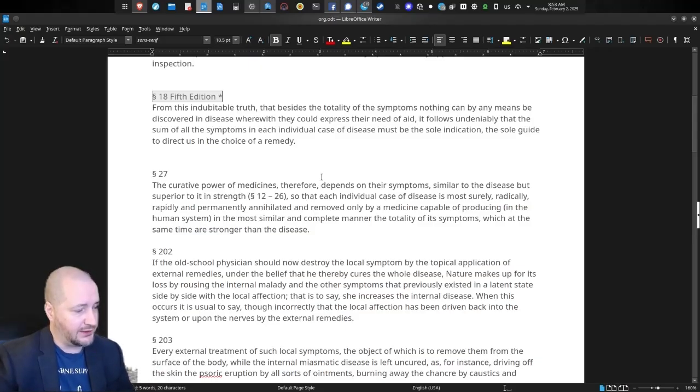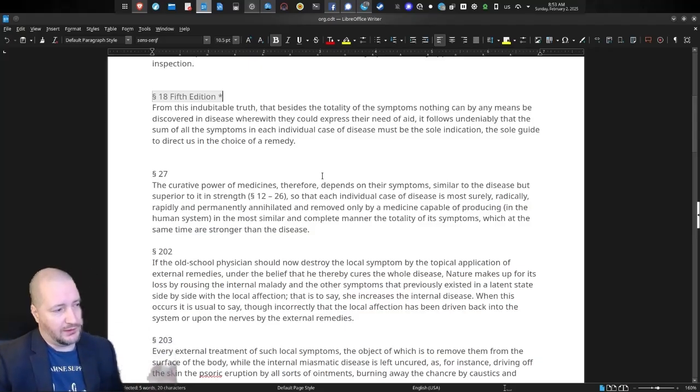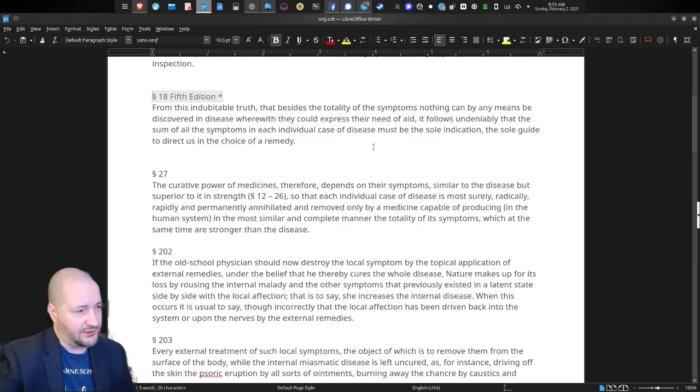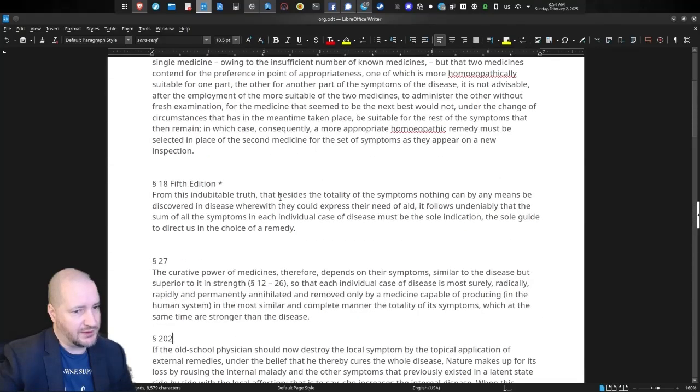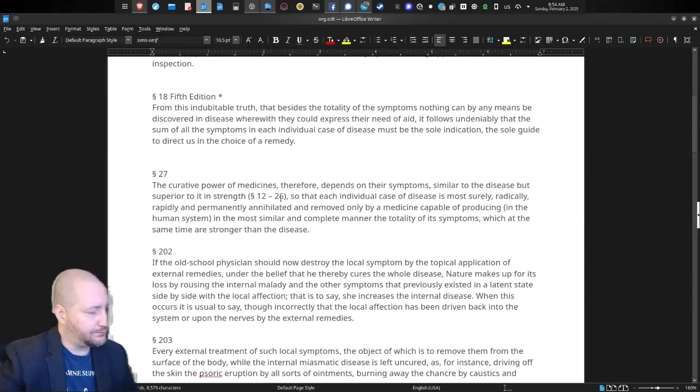Aphorisms are like little mini essays in the book that's broken down into paragraphs, and they are numbered. So we have 18, 27, and 202. There are so many we could look at. I have many of them, but I've chosen these 3 for today.